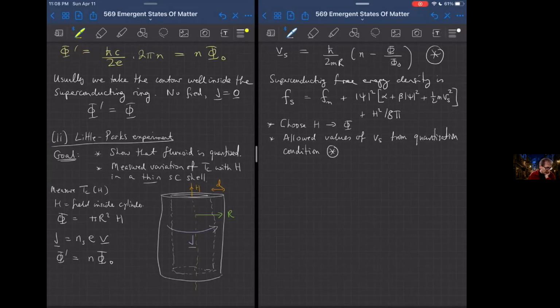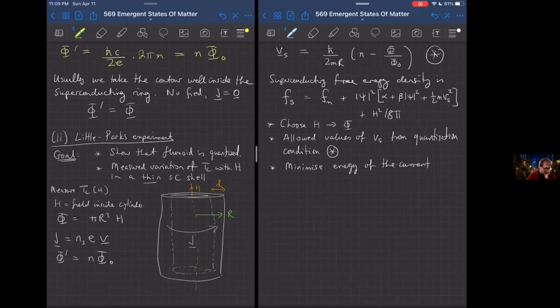So like so. So basically, then what's going to happen is that the system is going to minimize the energy of the current, the kinetic energy of the superfluid component, the charged superfluid.